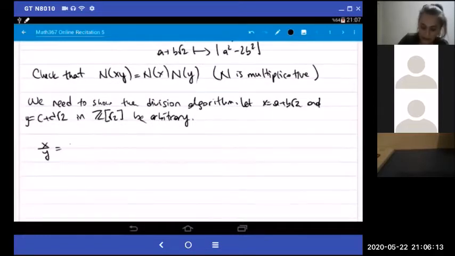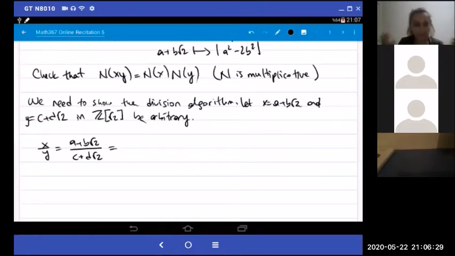It is just computation here. a plus b root 2 over c plus d root 2, and if you apply multiplication by some kind of conjugate of c plus d root 2, like complex numbers, but here instead of i, we have root 2. So somehow we are trying to get rid of this root 2. So just divide and multiply by c minus d root 2.